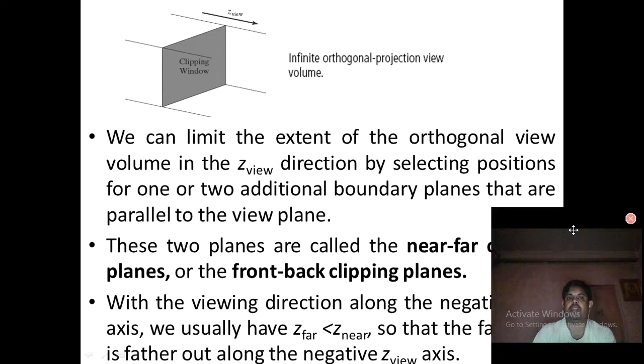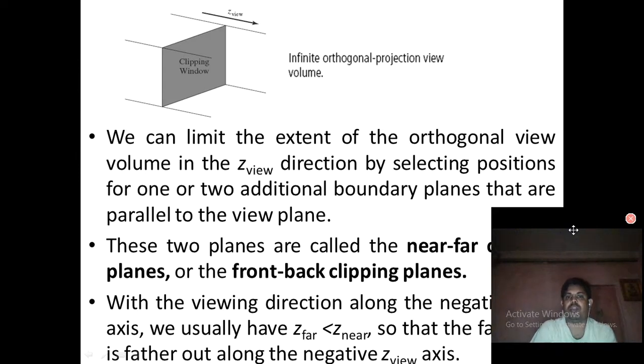We can limit the extent of the orthogonal view volume in the z view direction. Means we are not restricted in z view. Only x we have restricted, y we have restricted, but not z, right?